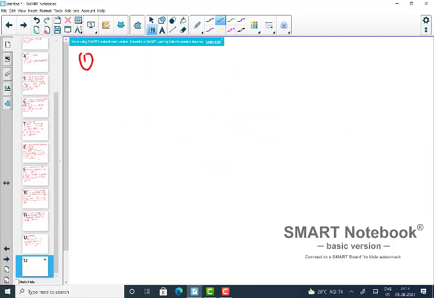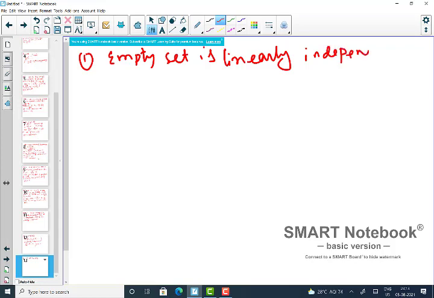In general, the empty set is linearly independent in any vector space. And similarly, a set containing a single point, if you choose only one point, has to be linearly independent.